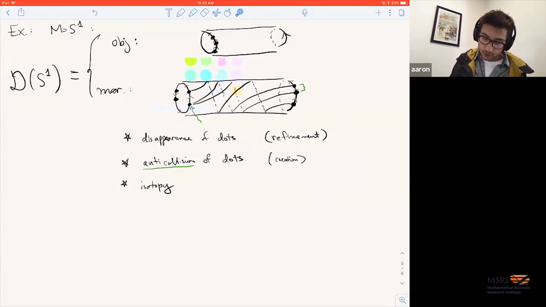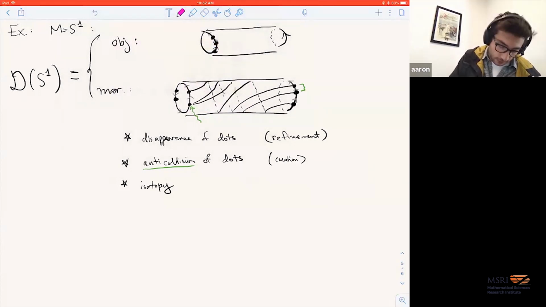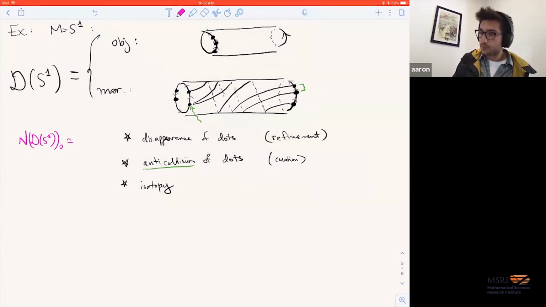So just to ground us, let me observe that the space of objects of D of S1, which is, after all, just the zeroth level of the nerve, it is a disjoint union of configuration spaces of points in the circle.